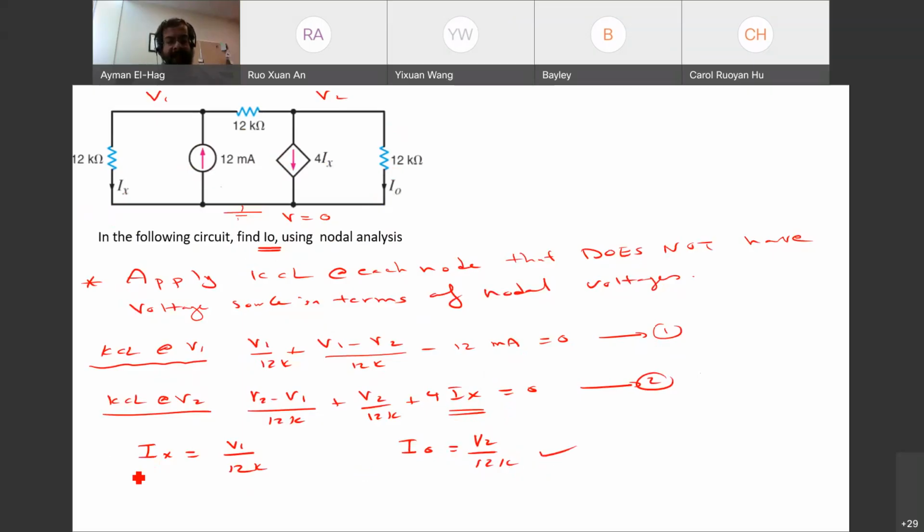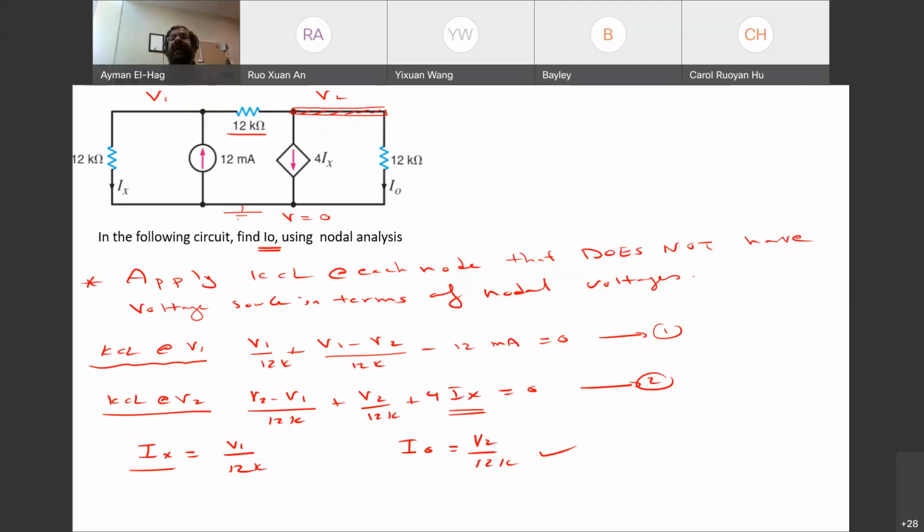Now what is this Ix? Remember, we applied KCL at V2, assuming the currents are leaving: V2 minus V1 over 12, V2 over 12, plus 4Ix. Now Ix is a variable. We don't know its value. So now we are adding a third variable. We have two equations and three unknowns: V1, V2, and Ix.